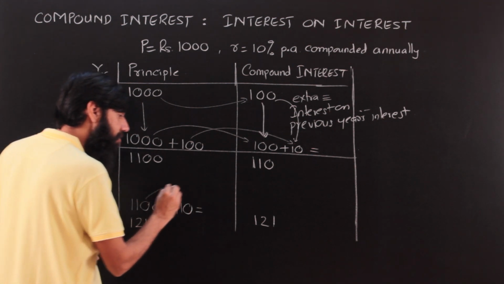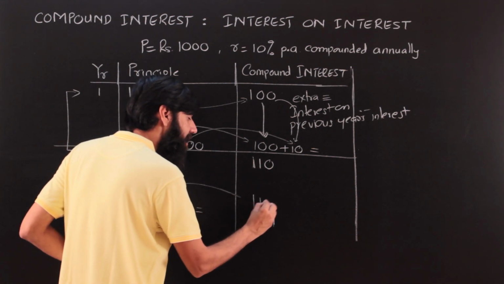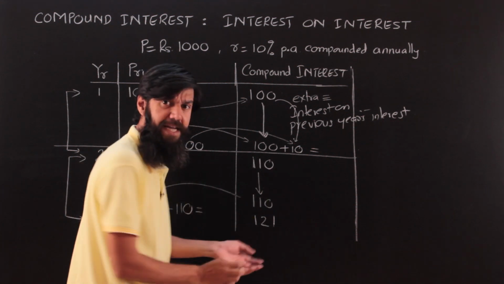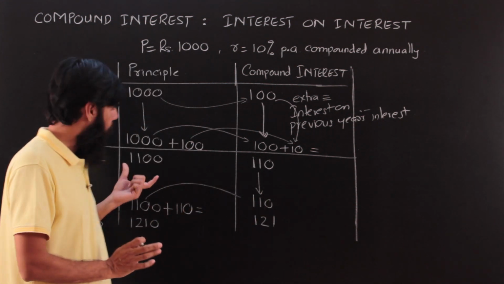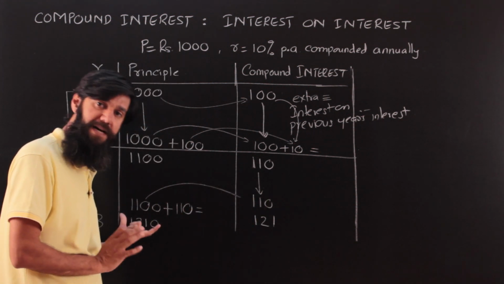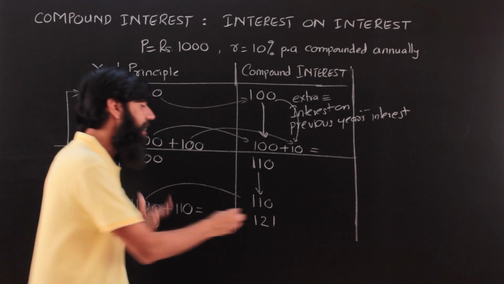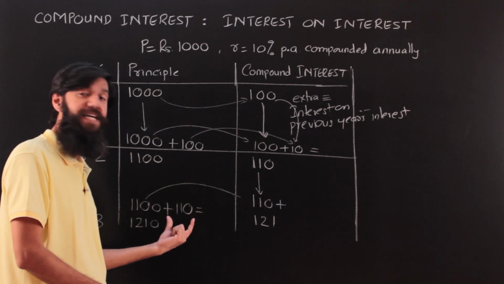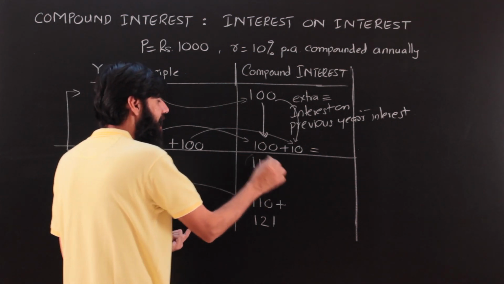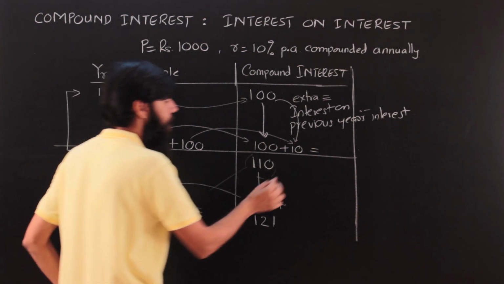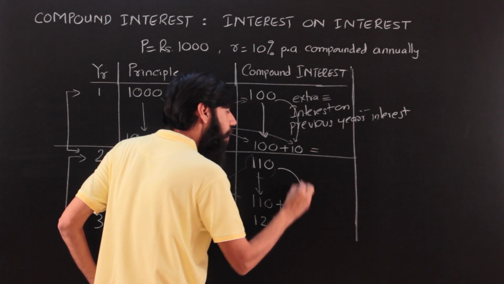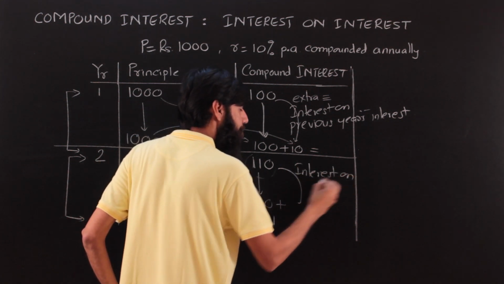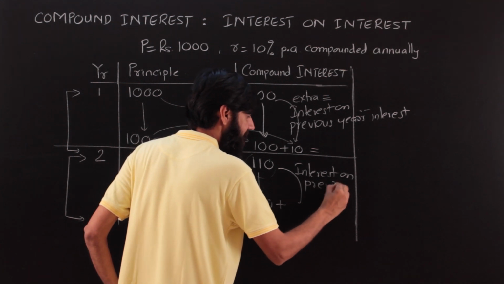On 1100, I would be getting the same interest as before, 110. So the earlier year's 110, I'll definitely get that, right? Whatever I started that year with as a principal remains as a principal. In addition to that, I would also get an extra interest. What is that extra interest? Because this 110 got added to the principal, I'll be getting an interest on 110 as well. Interest on previous year's interest.